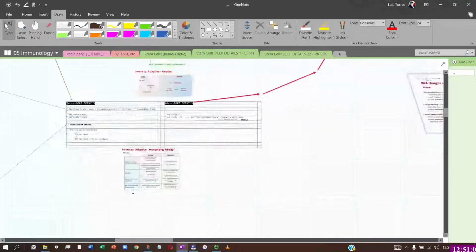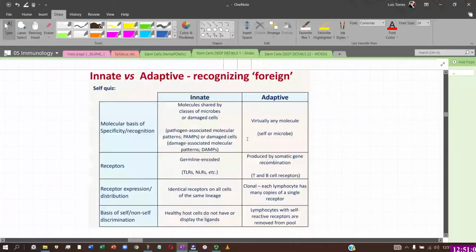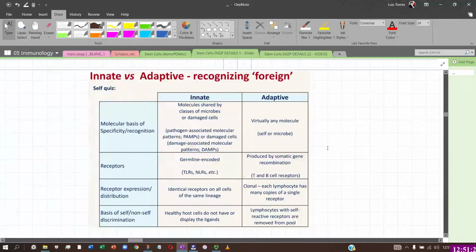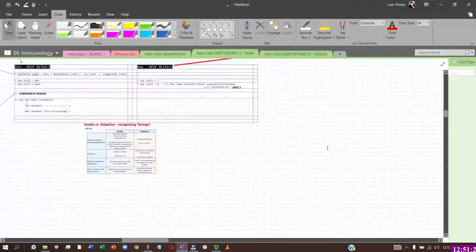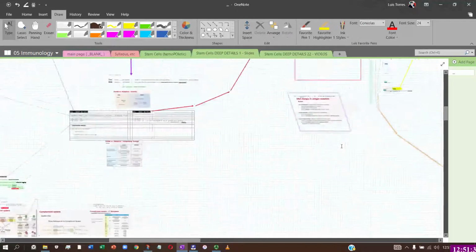So we were here looking at receptors. When it comes to receptors in regards to adaptive immunity, receptors are produced by somatic gene recombination, and I think this is what takes us into the concept of VDJ recombination.